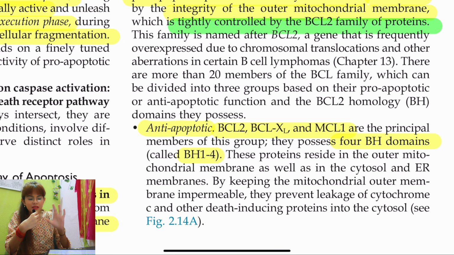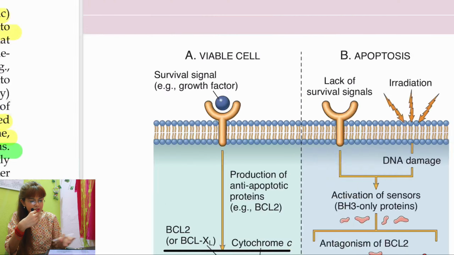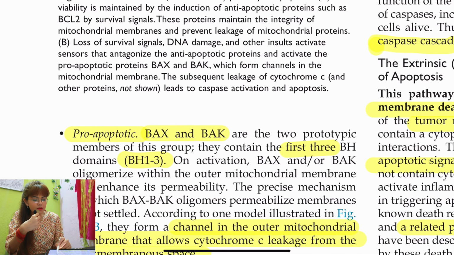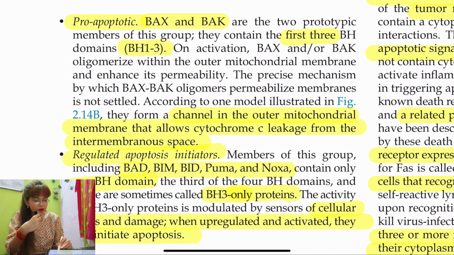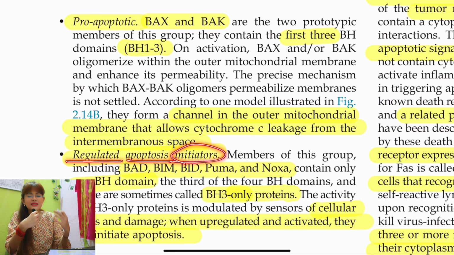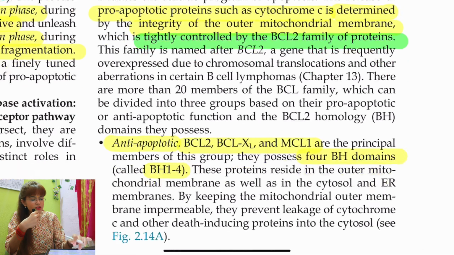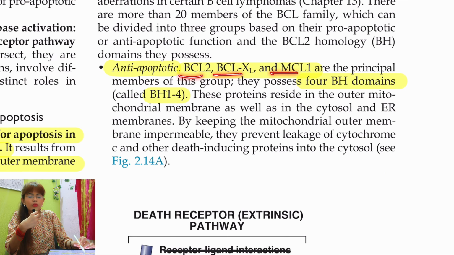Anti-apoptotic means the cell will not undergo apoptosis if these molecules are expressed. Pro-apoptotic means obviously the cell will undergo apoptosis, and regulated apoptosis initiators means these members will initiate the process of apoptosis. These examples are very, very important, and each of these is an important MCQ and can be asked anytime.